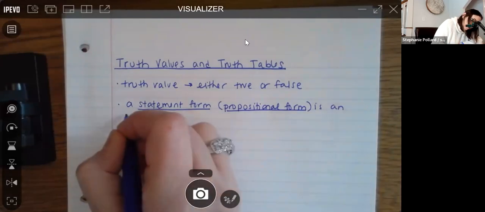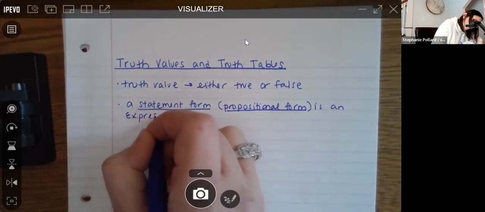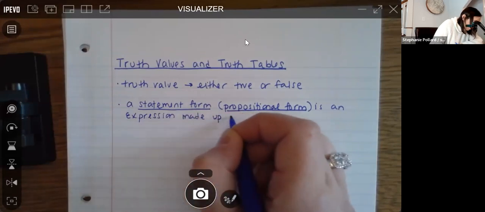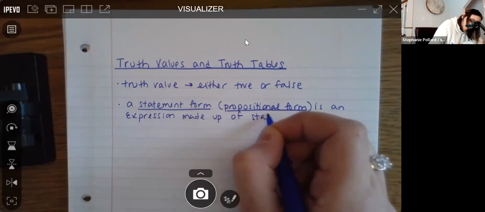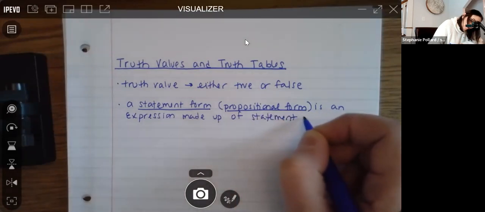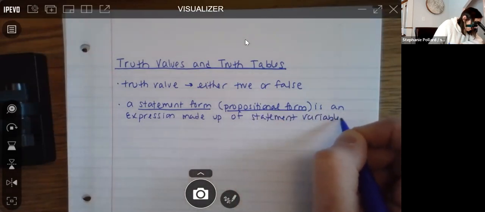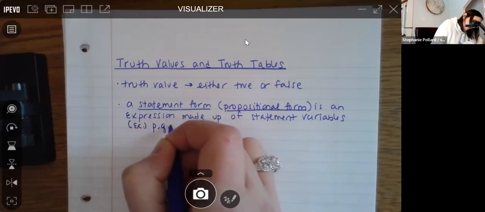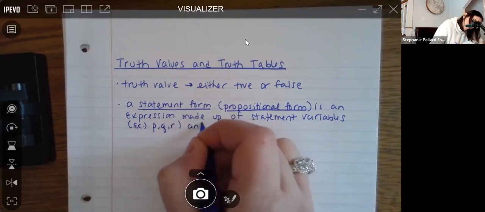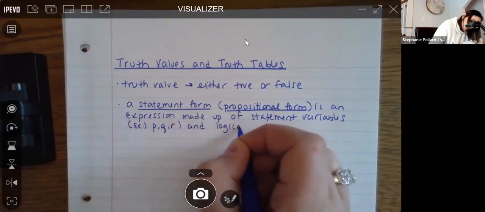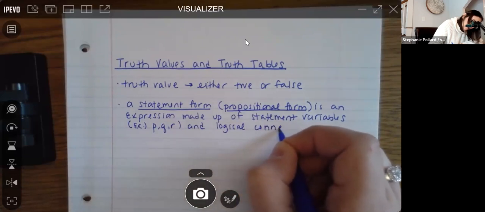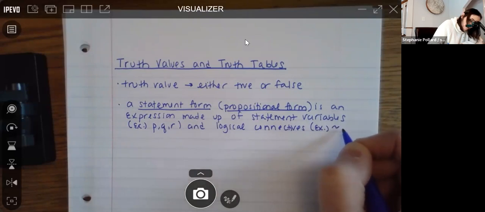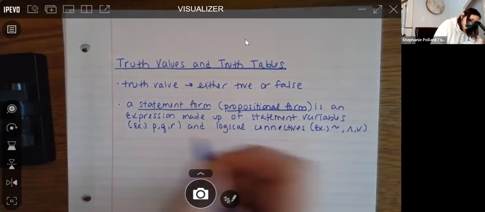And this is an expression made up of statement variables, so for instance, P, Q, R, like we've been using, and logical connectives. Example, the not symbol and an or.